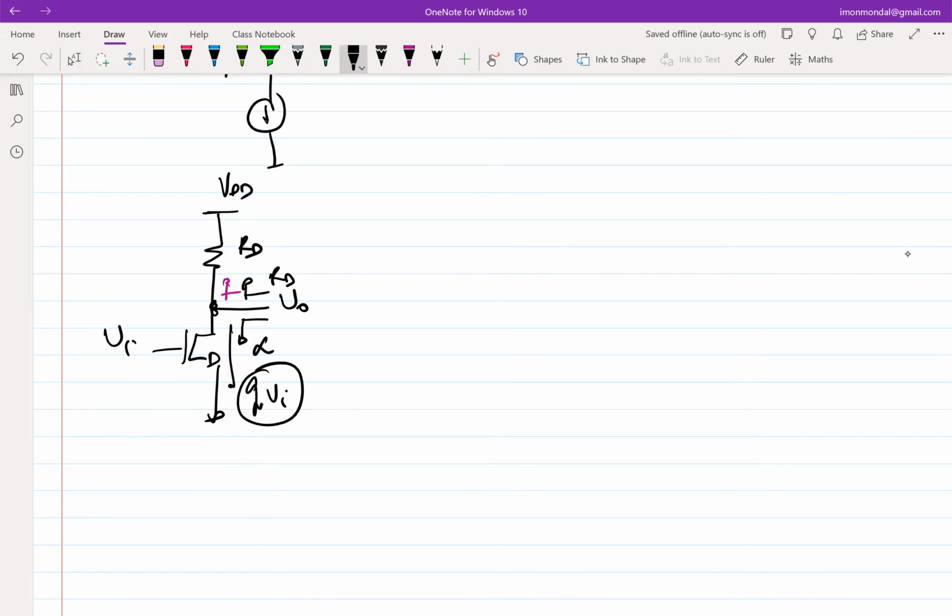This GM times VI, if it flows into a very large resistance, I get a lot of gain, right? So now the GM times VI is flowing into a parallel combination of RD and infinity, right? So I'm getting GM times VI times RD. If RD is also pretty high, then I can get high gain. And how do I get high RD? We have to look into a drain of a transistor, okay?